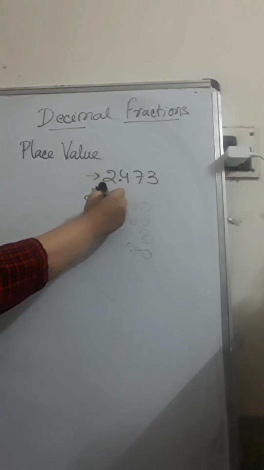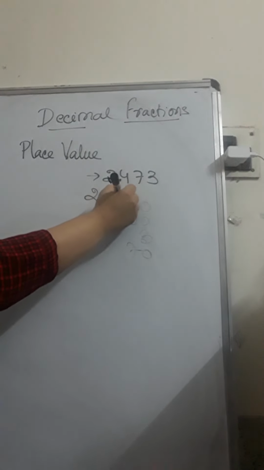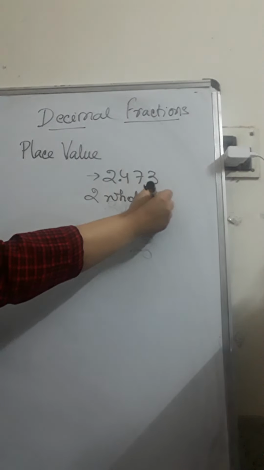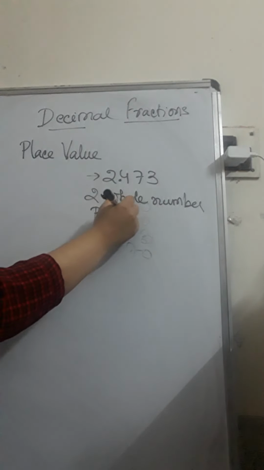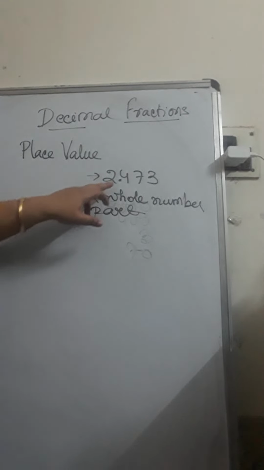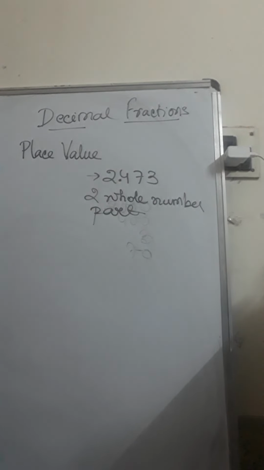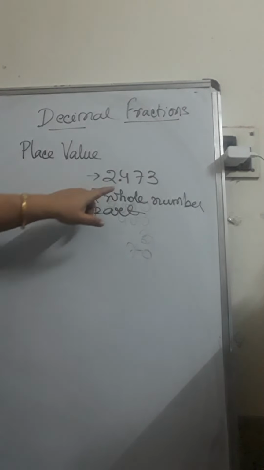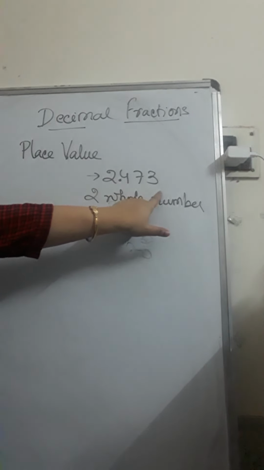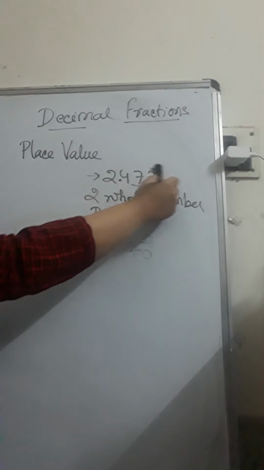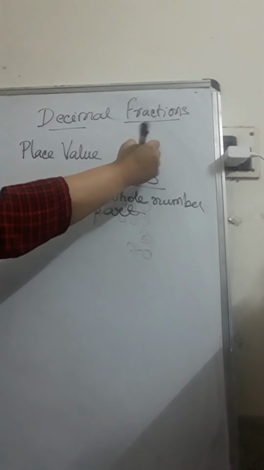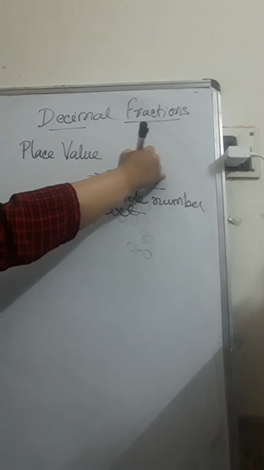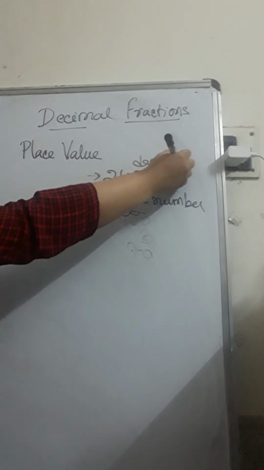So 2 remains the whole number part, as it comes before the decimal point. After the point, whatever digits are given, we call them decimal places. So after the point there are 3 digits, and we call them decimal places.